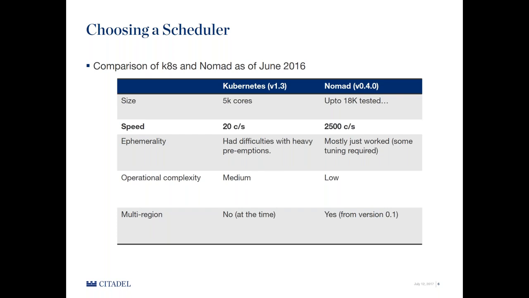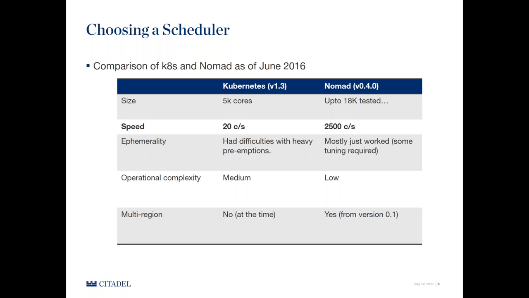Another thing, which is more of a qualitative decision, was the operational complexity. Just getting the two clusters up and running, and maintaining them at these larger scales, and especially these very high throughput rates, was pretty simple with Nomad, to be honest with you. On the Kubernetes side, we had some significant problems keeping it up and healthy under this very high stress.